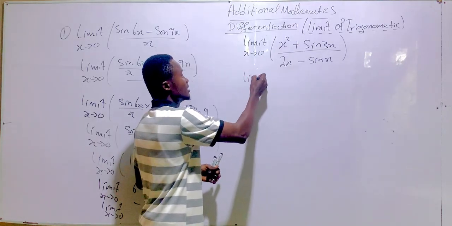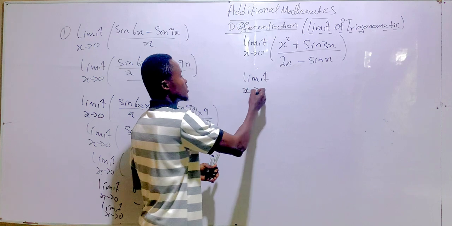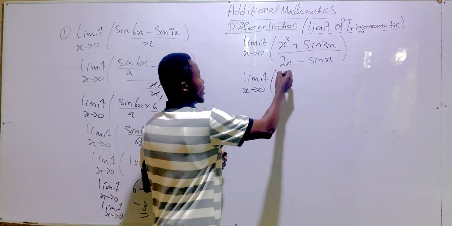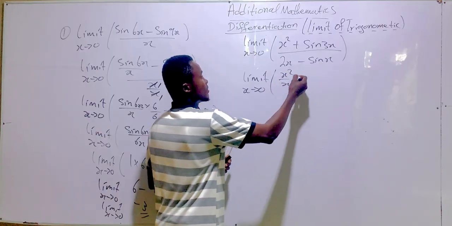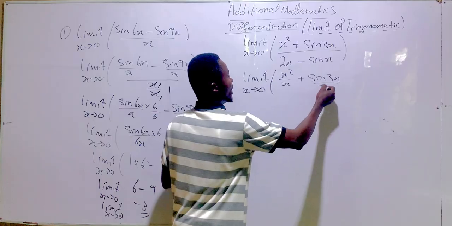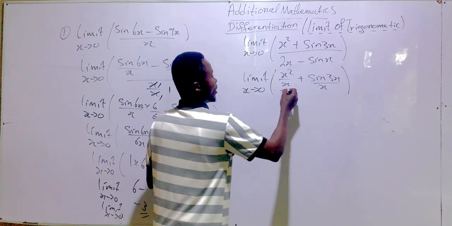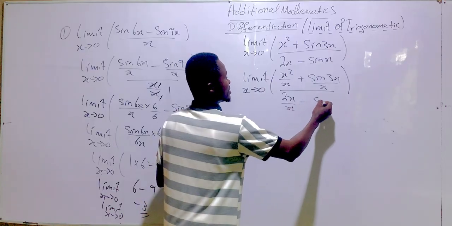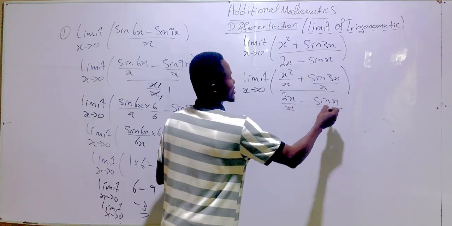So we have the limit as x approaches 0 of x squared divided by x plus sine 3x all over x, all over 2x divided by x minus sine x all over x.